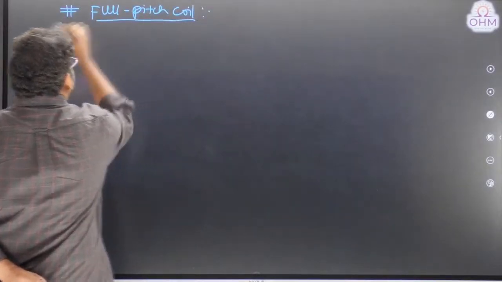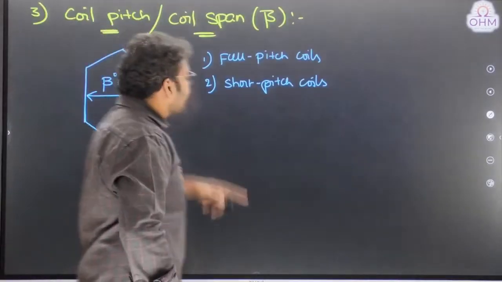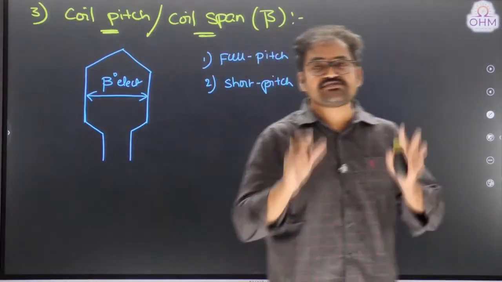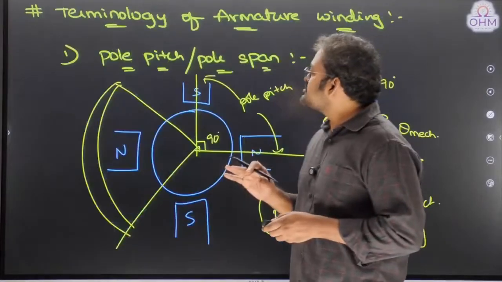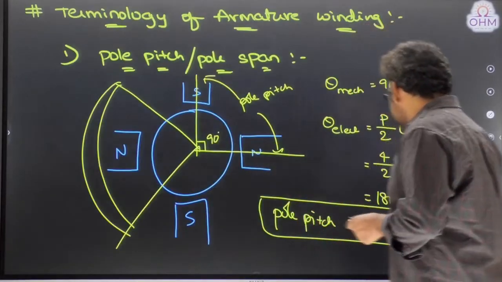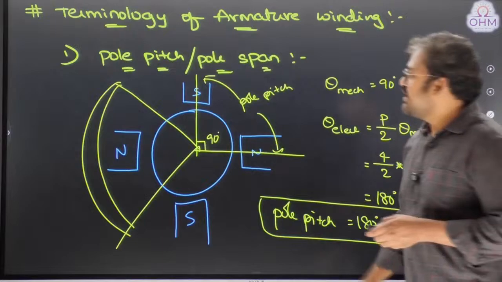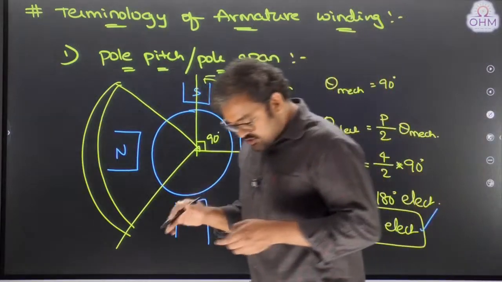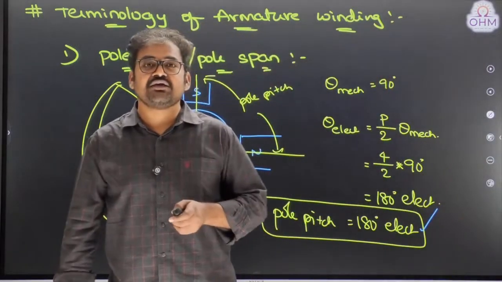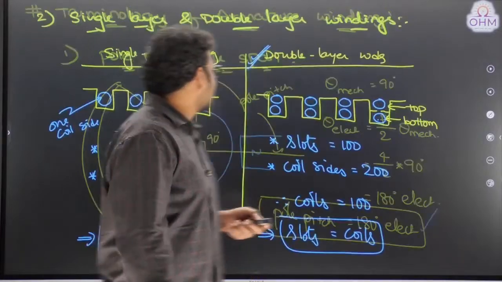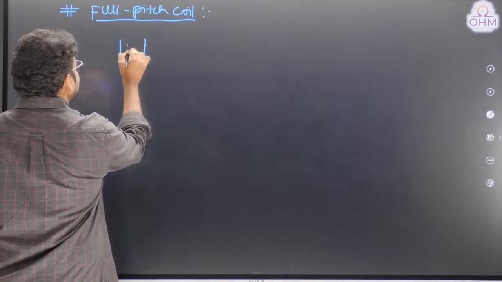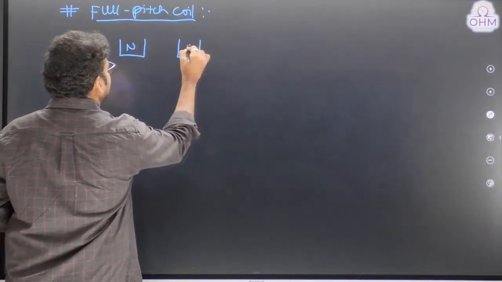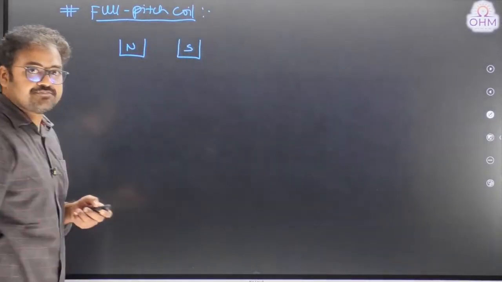Full pitch coil means the coil span will be equal to exactly one pole pitch. That's all. First of all, what is meant by pole pitch? We studied that pole pitch means 180 degrees electrical. Therefore, if the coil pitch is also equal to 180 degrees electrical, then we call it a full pitch coil. Suppose we have a machine having a north pole here and a south pole here.